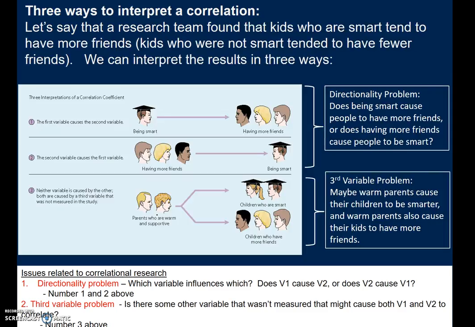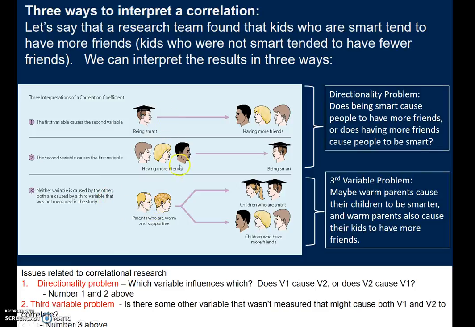Here's one more example. Let's say researchers found that kids who are smart tend to have more friends. Well, we can interpret the results in three ways. It could be the directionality issue, that being smart causes kids to have more friends, but it could be that having more friends causes a kid to be smarter. I suppose maybe they could learn a lot from their friends. Or it could be the third variable issue.